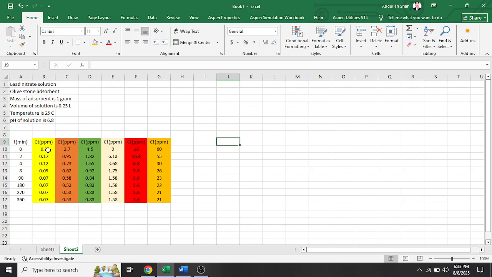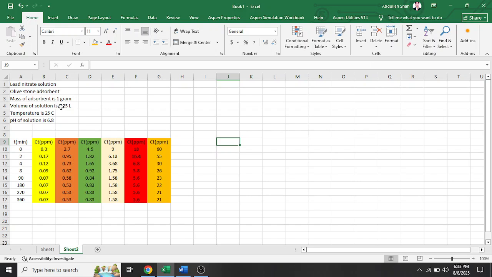For example, suppose we make a 0.3 ppm lead nitrate solution in a beaker, and first of all we find its concentration with the help of a spectrophotometer at the start of the experiment.